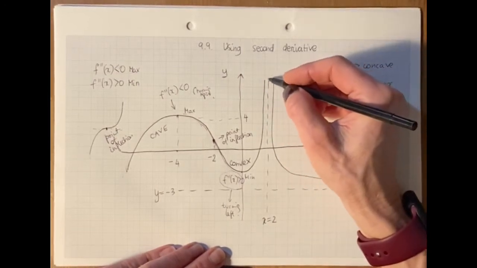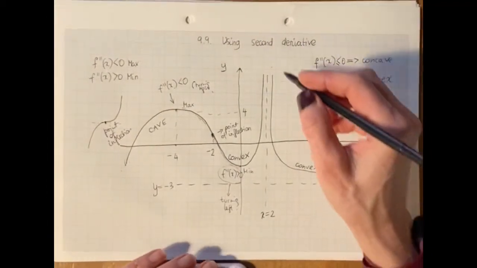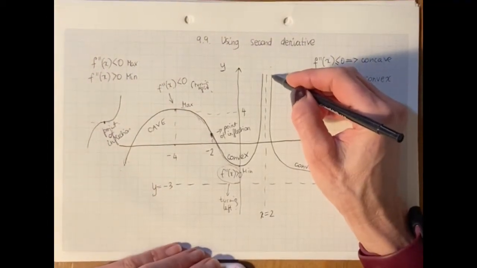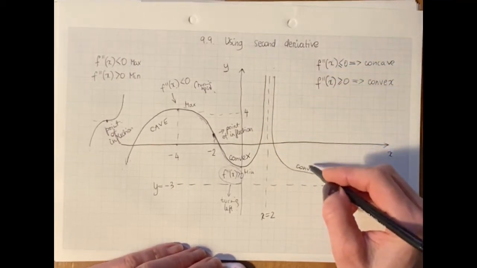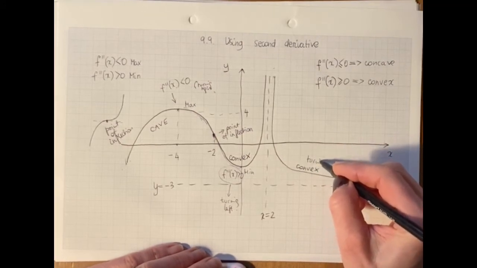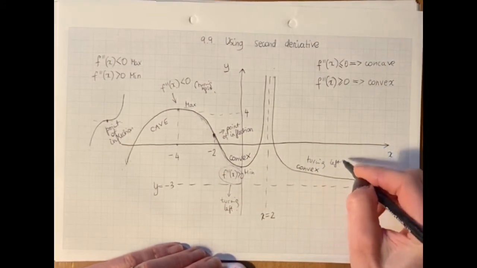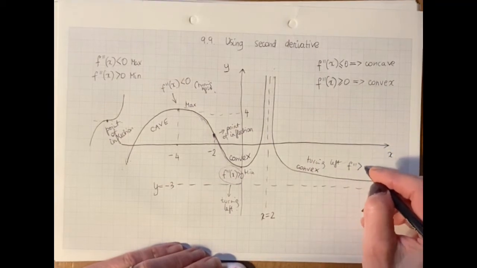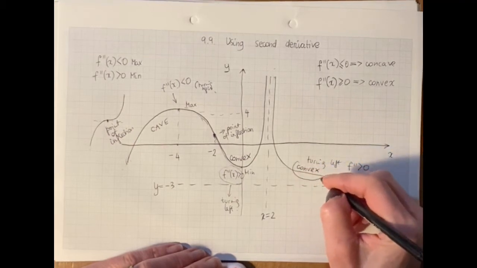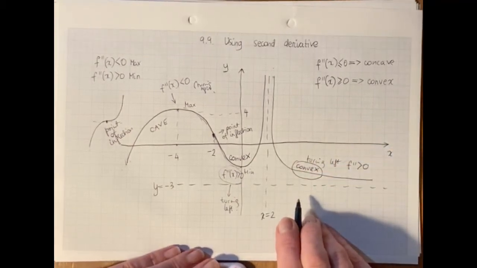Now when you jump over the asymptote and start your journey on the other side of the curve, you are going to be turning left again. The steering will have to be turned left. That means the second derivative is greater than 0, so we have a convex curve.